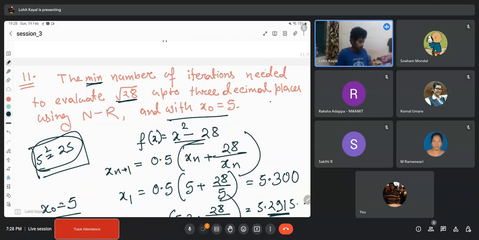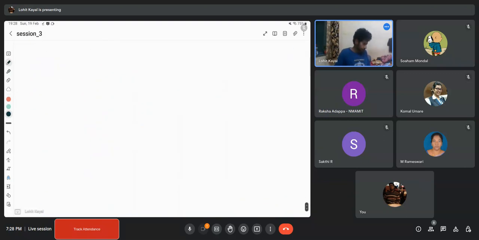All right. So let's solve another problem on the Newton-Raphson technique. Just a second. Let me just find the question. Yes. So the question is again just similar to the last problem.